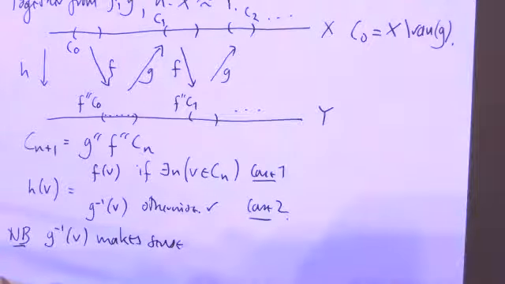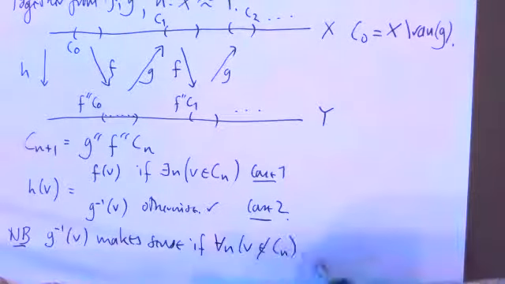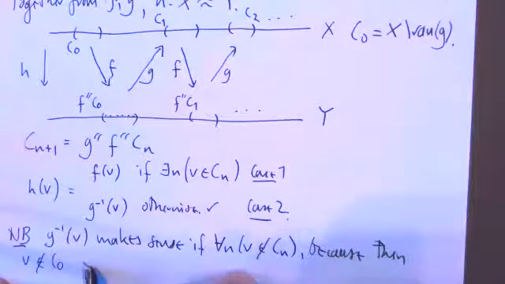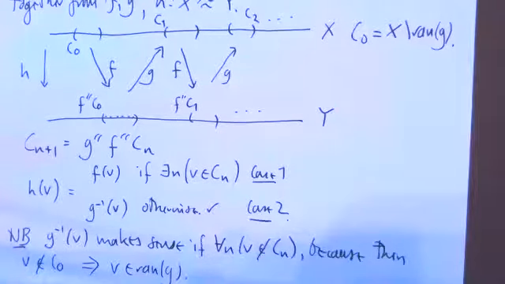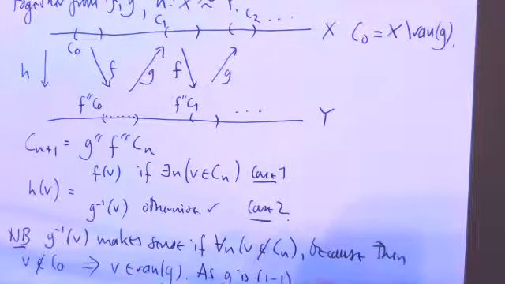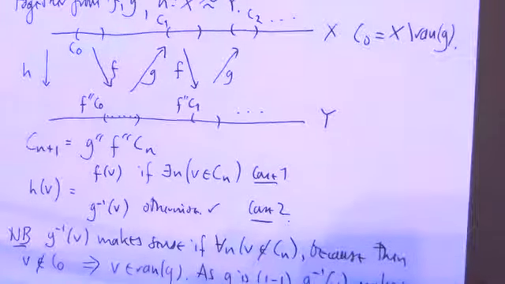G to the minus 1 of V makes sense if for every n, V is not in Cn, because then V is not in C0, and that implies that V is in the range of G. And I can define G to the minus 1 because G is 1 to 1. So this then makes sense.